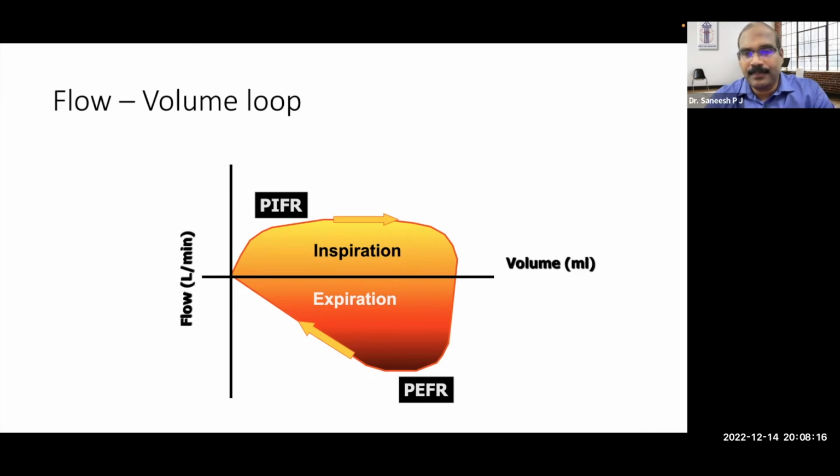Flow is going up, and until our tidal volume, where it touches the x-axis, is the tidal volume delivered. Then the passive process happens. The reverse direction flow is indicated on the negative side of the plot, and you can see the exhalation part. The lowest flow rate marked on the y-axis will be the peak expiratory flow rate.